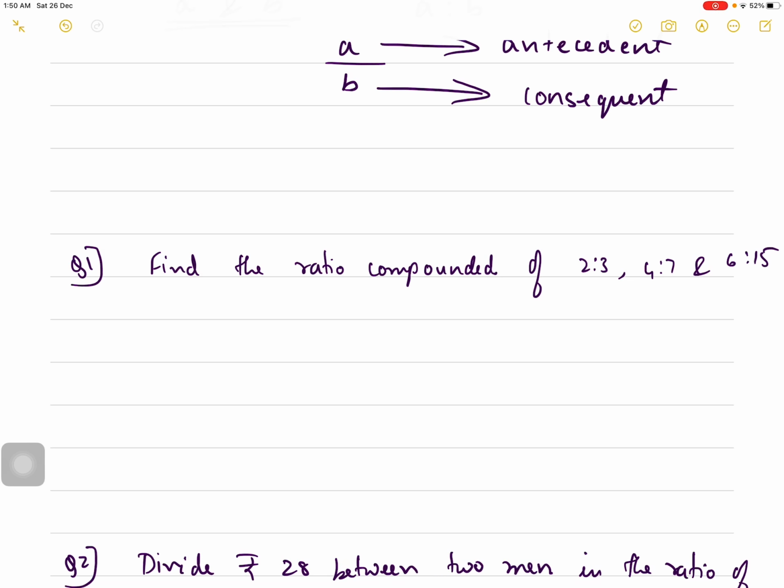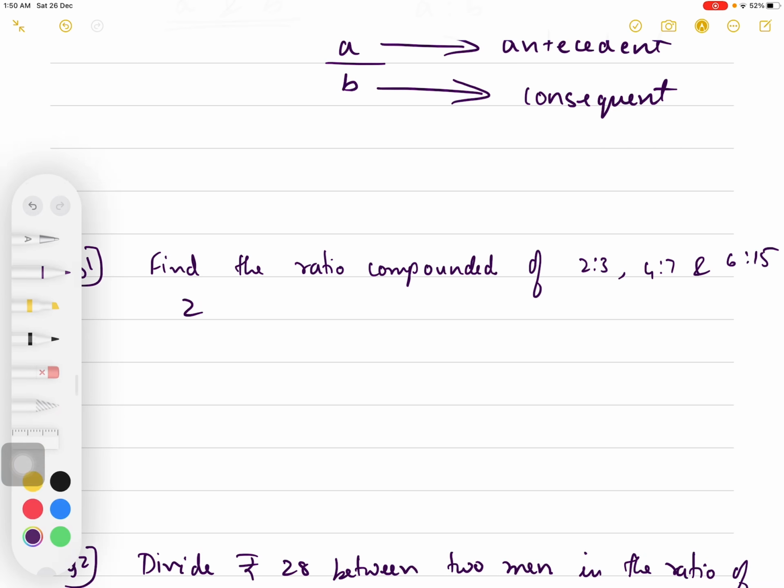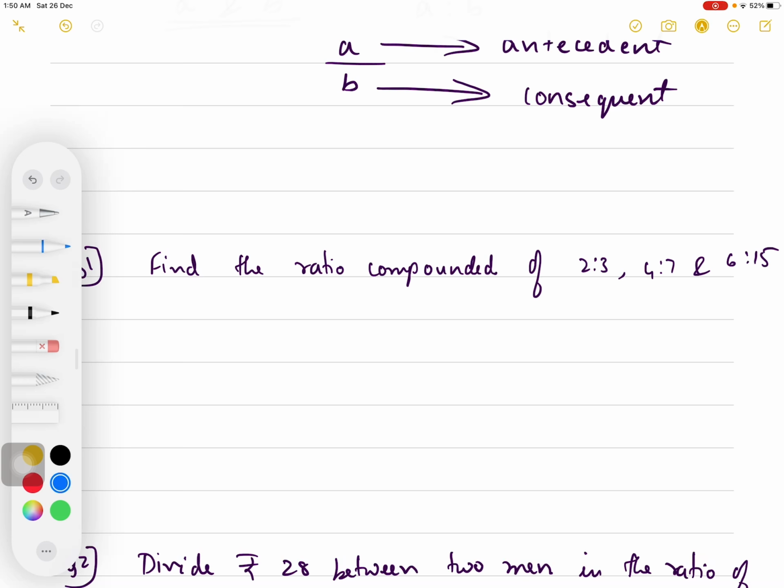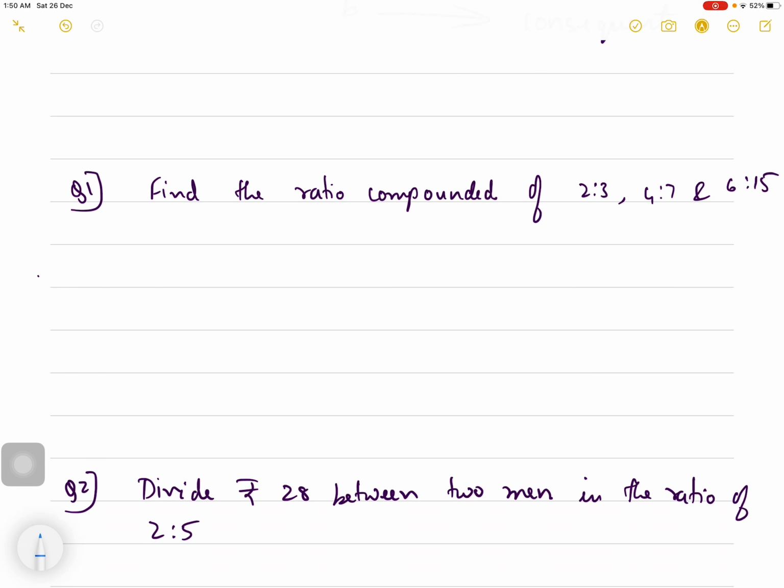So how do you solve that? 2/3 into 4/7 into 6 by 15.